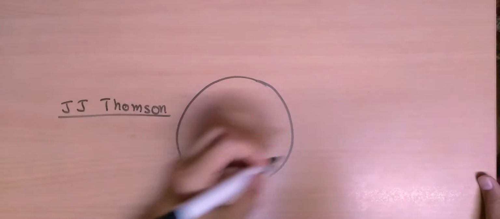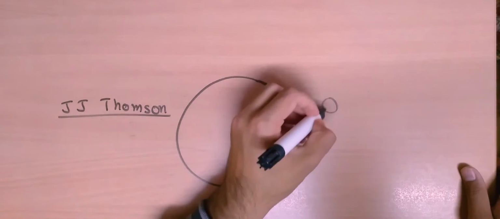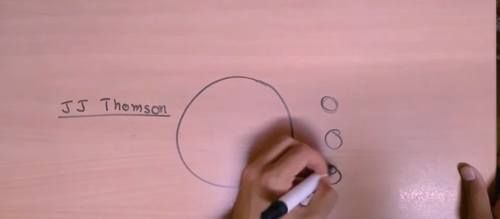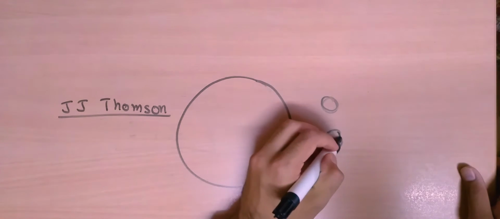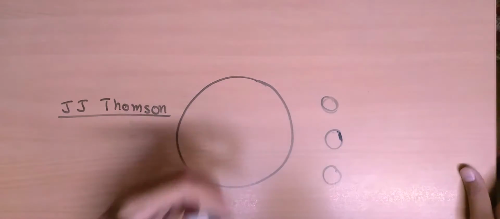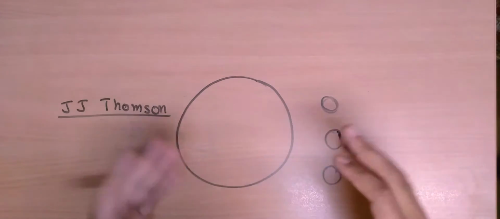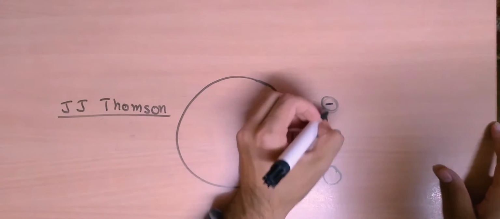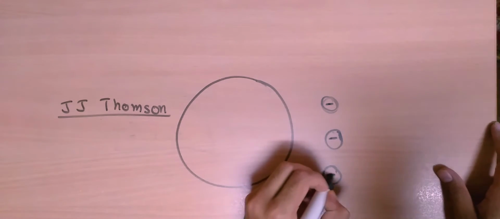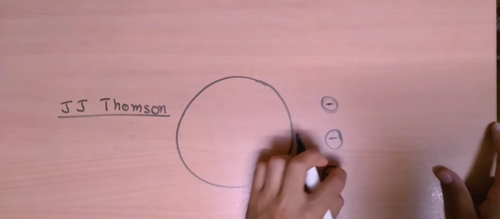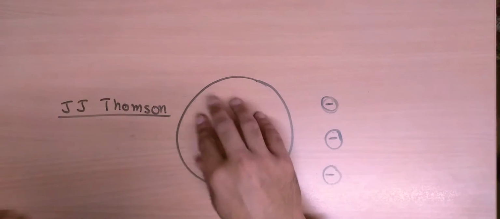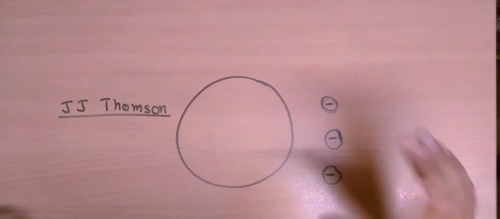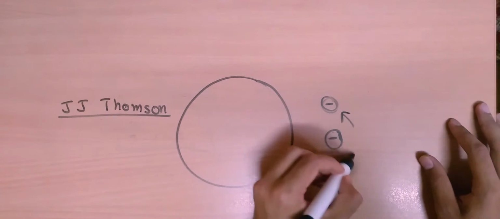These emitted small particles were actually negatively charged. Now there were many experiments that they did to find that this was negatively charged. I'm not going to get into all that, but they found that this thing did emit small negative charges. So one thing was for sure, that the atom certainly did contain these negatively charged particles.